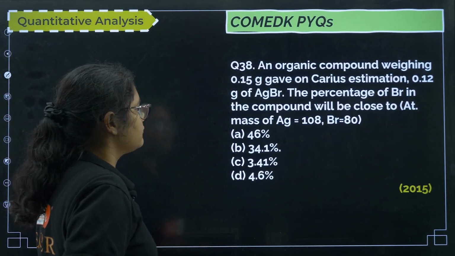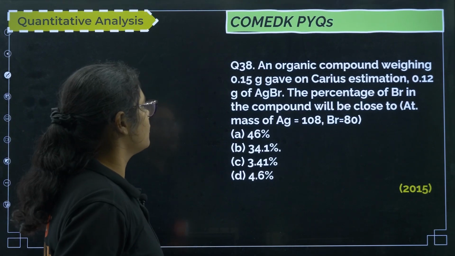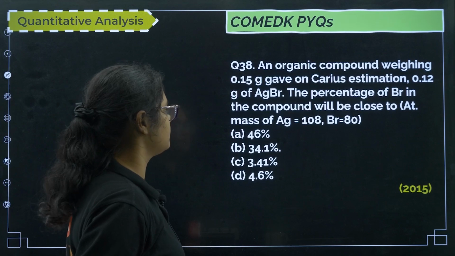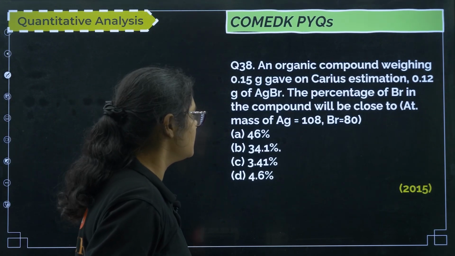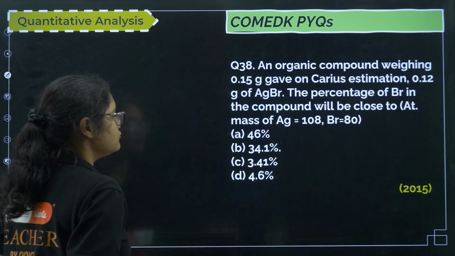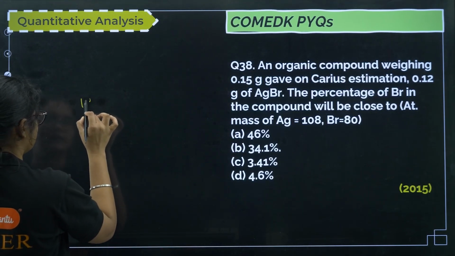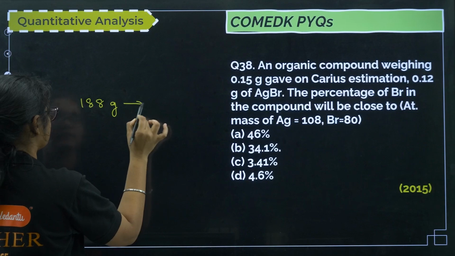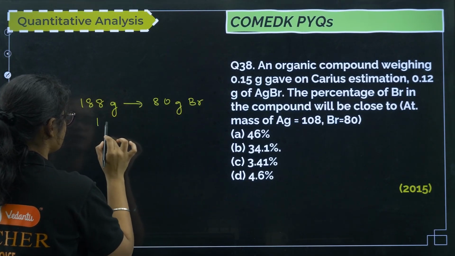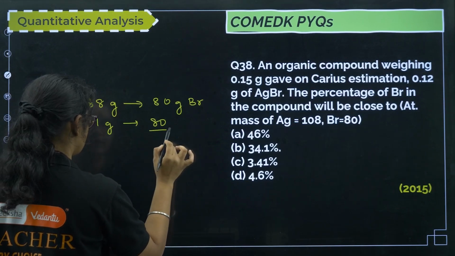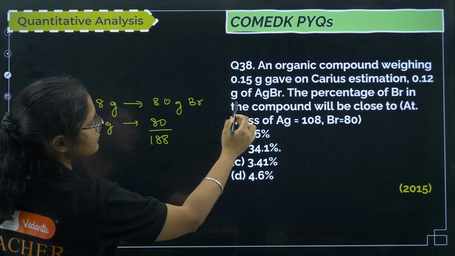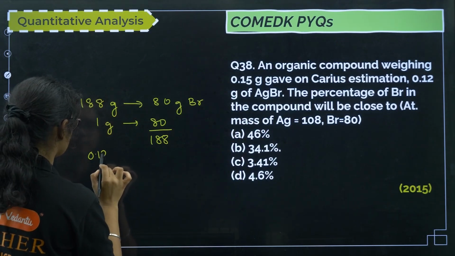Next, an organic compound weighing 0.15 gram gave on Carius estimation 0.12 gram of AgBr. The percentage of bromine in the compound will be close to. Okay, so now if you know the mass of AgBr is 188, right? So in 188 gram you have 80 gram of bromine, right? Now in 1 gram how much it will be? 80 by 188, right? Then AgBr produced was 0.12, right?